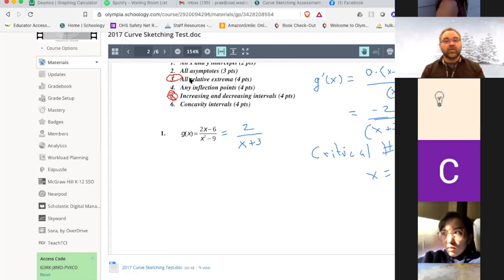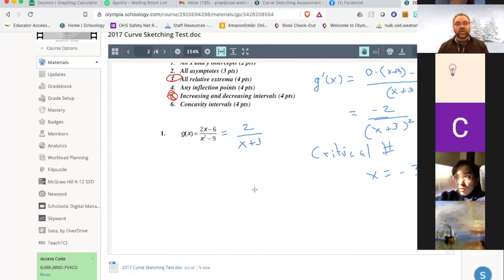So what I'm going to do is check my sign chart here and say, all right, well, here's -4, -3, -2, -1, 0. So here's my critical number. So what is the sign of f prime of x at these points?